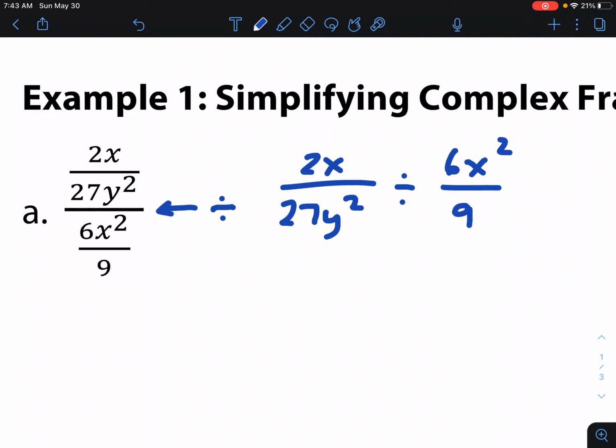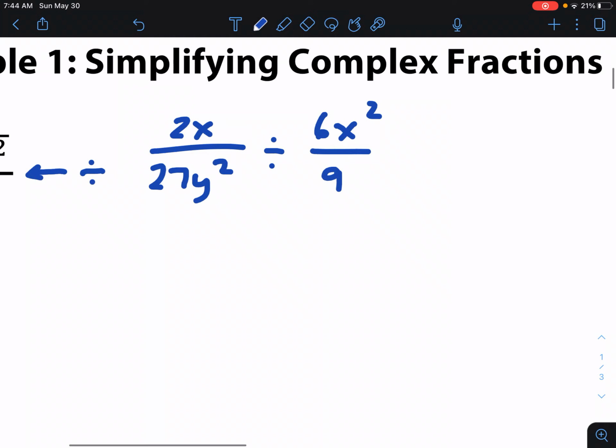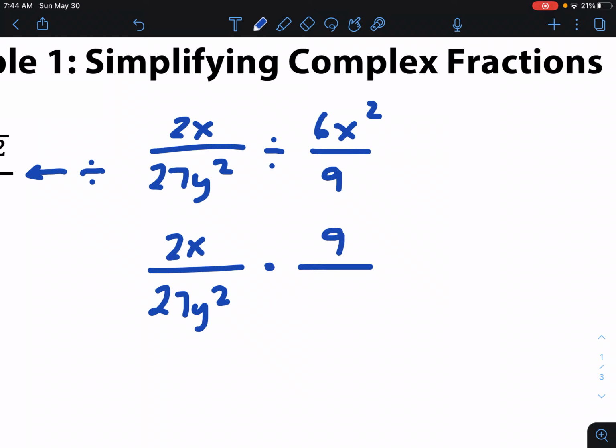And if we remember, when we divide rational expressions, we just take the second one and take the reciprocal of it and change the division to multiplication. So I have 2x over 27y squared, and I'm going to change that to multiplication and flip that second fraction over.